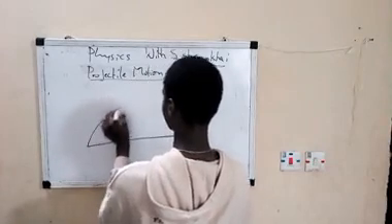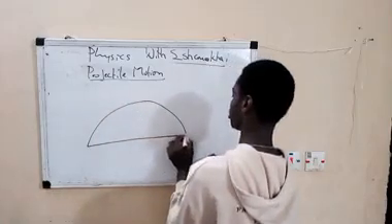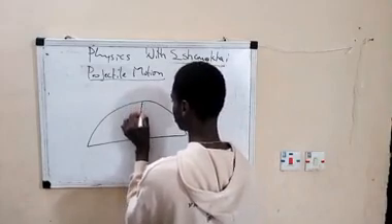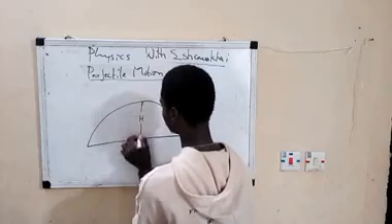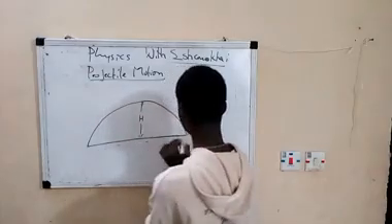We have something like this. H. There's an arrow.